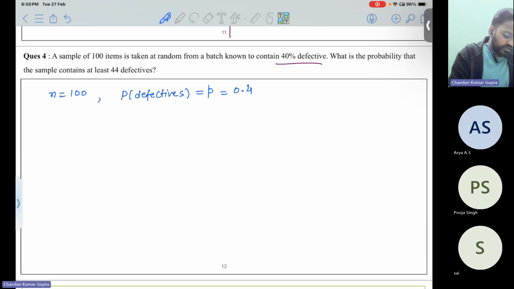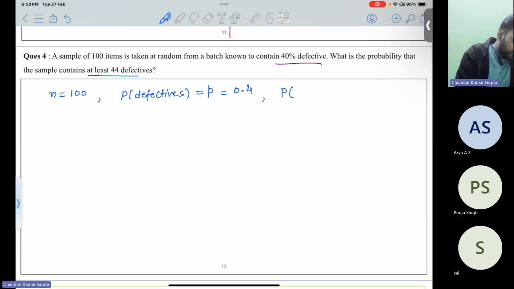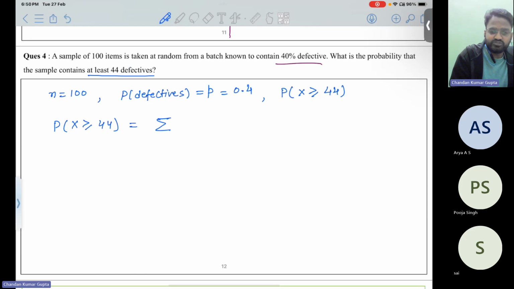So what we need to calculate is the probability that at least 44 are defective, that is x is greater than or equal to 44. We may calculate like this, because here x follows binomial distribution, we are given n and p.